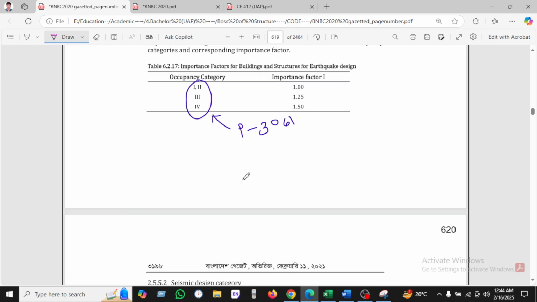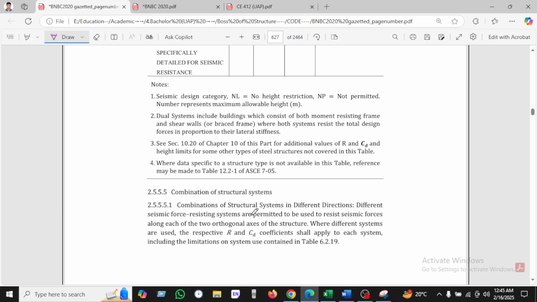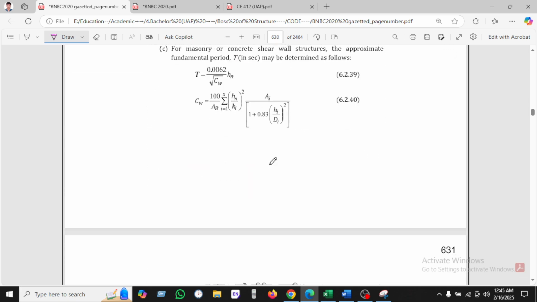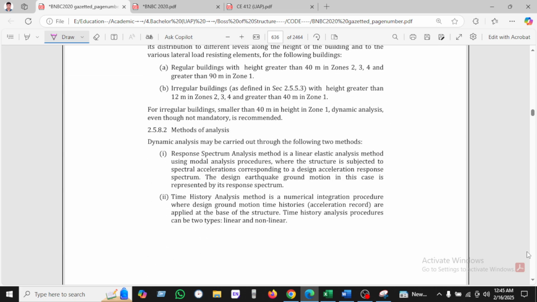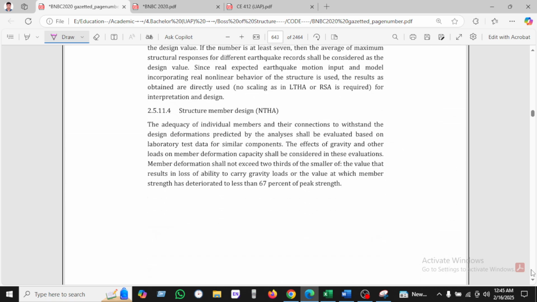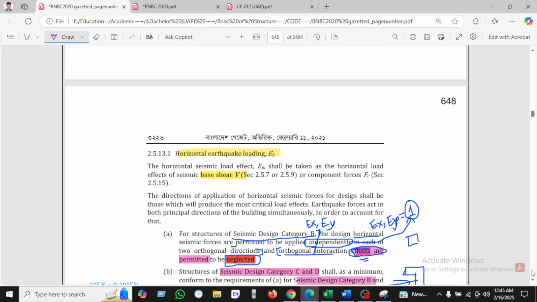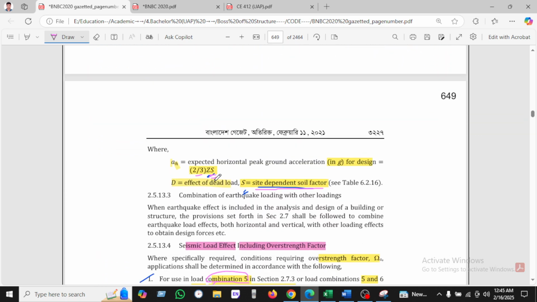Okay, so we'll apply this in our calculation. Sorry for the interruption. In this way we'll find the Z and S values.